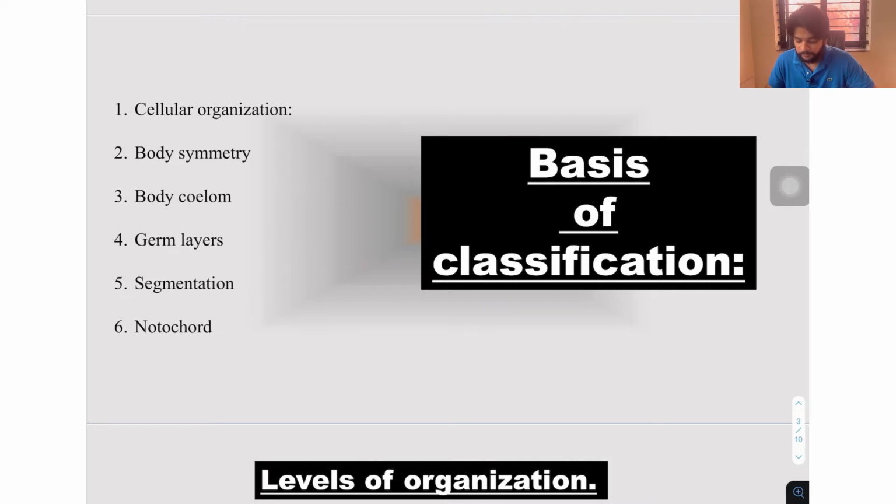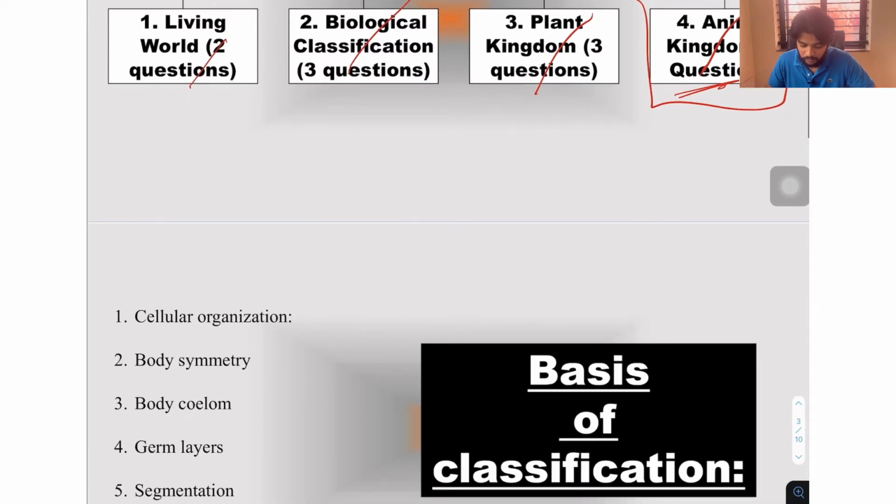As we have already learned in the living world and biological classification, we studied the total number of living organisms present on the earth. It is estimated that nearly 15 to 30 million species are present on earth, out of which only 1.7 million species have been identified. What do we mean by identified?